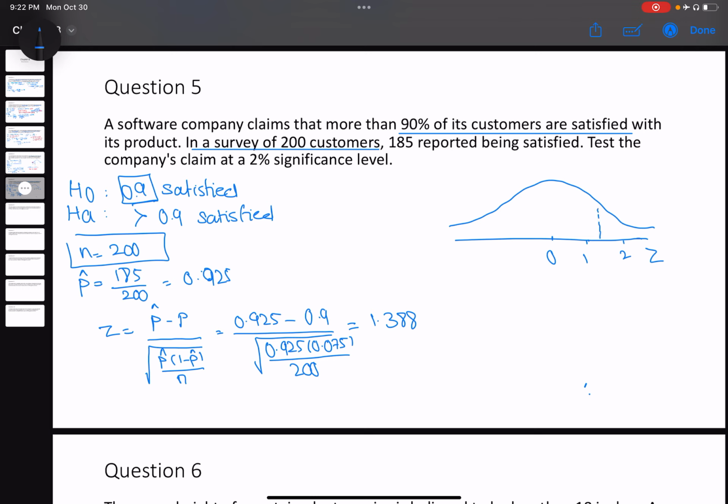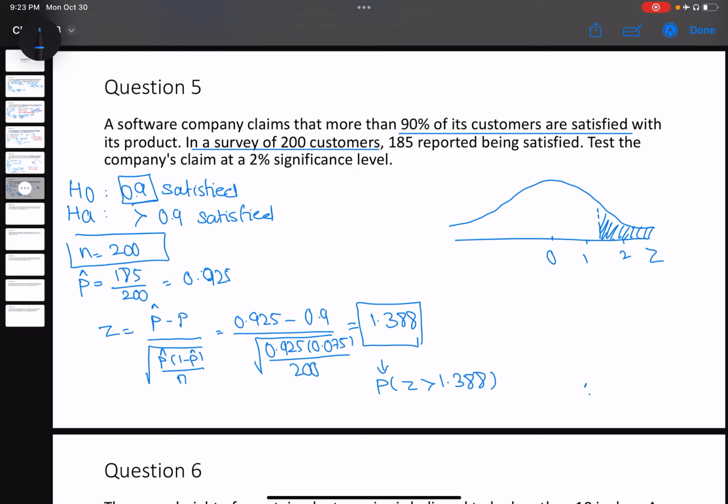This Z value, 1.388, is actually the probability for Z greater than 1.388.